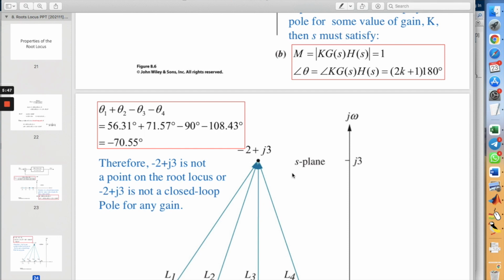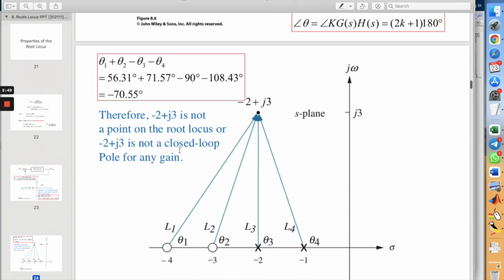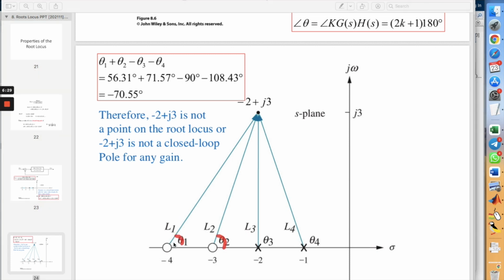What we can do is take the summation of the angles of zeros minus the summation of the angles of poles: theta 1 plus theta 2 minus (theta 3 plus theta 4), so theta 1 plus theta 2 minus theta 3 minus theta 4.